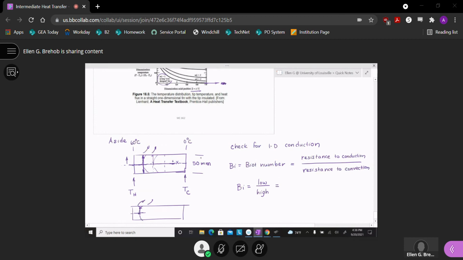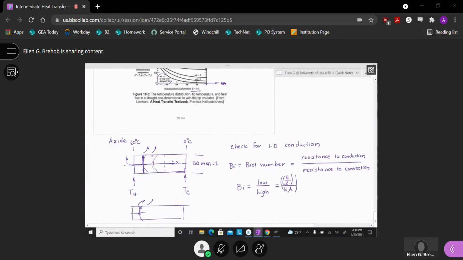So I'm going to put a T here. It's got to be T over 2. So that's my thickness. And then over K times cross-sectional area.